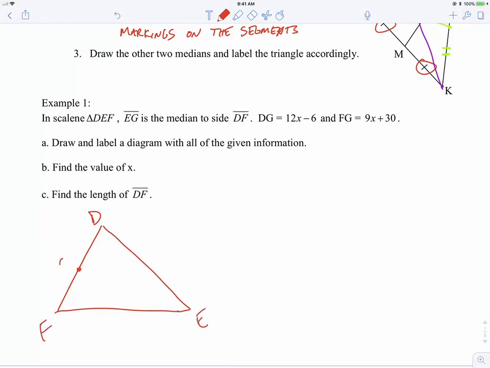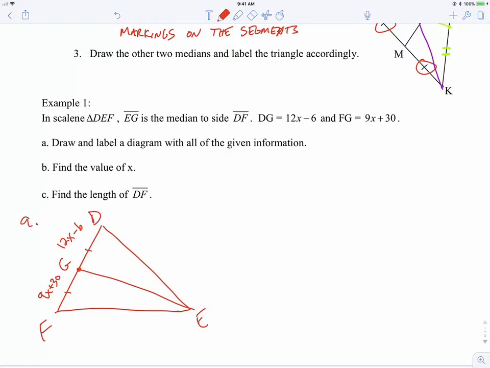G is going to be that midpoint, so EG is the median. So I know these two segments are congruent. GD is 12x minus 6. FG is 9x plus 30. So there's the diagram drawn, so that's part A.